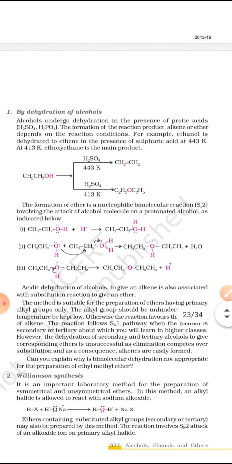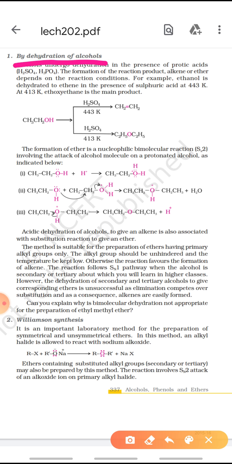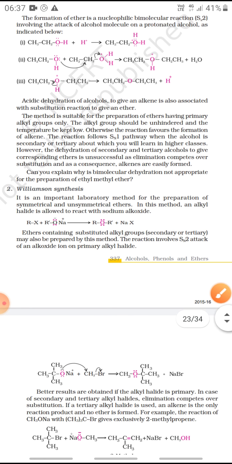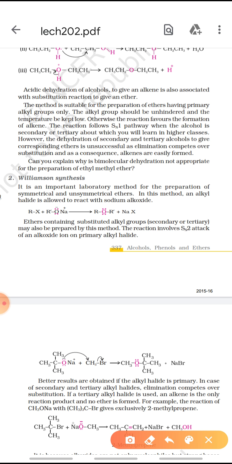But the previous one, this first method of preparation, that is by dehydration of alcohol, can result in the formation of only the symmetrical ether. So when we have to prepare symmetrical ether, we can use the first one, and when we need to prepare the unsymmetrical ether, you can use this Williamson synthesis of ether. It can be used for symmetrical ethers also.